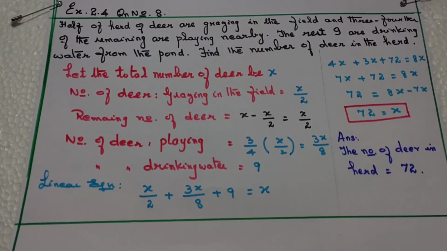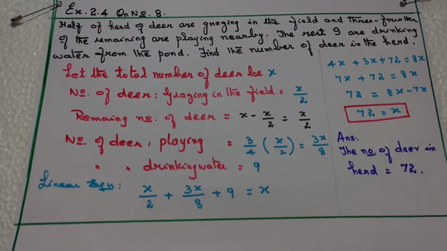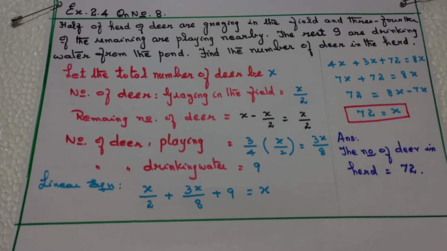Now in the same exercise, question number 8 reads as: half of a herd of deer are grazing in the field and 3/4 of the remaining are playing nearby. The rest 9 are drinking water from the pond.